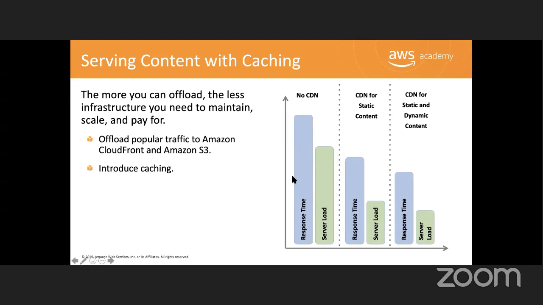So you look at the response time; it's very, very high, right? And the server load is high too. But when you have CloudFront with static content, it is reduced by half here. The server load, see, it's almost half here, and response time is reduced drastically as well. But when you have both static and dynamic content served by CloudFront, the response time is even lower, and so is the server load, right?